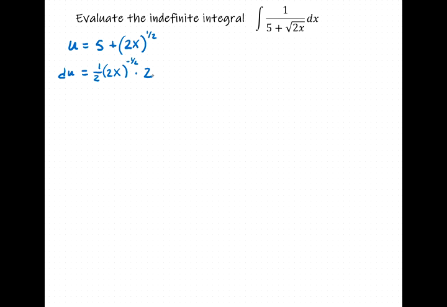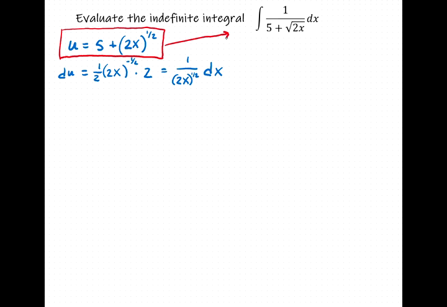So the 2 and the 1/2 cancel, so it looks like our du is 1 over 2x to the 1/2 power. Okay, don't forget the dx. That doesn't look like it helps us much because when we make this first substitution, we plug this in up here, and we'll get 1 over u.